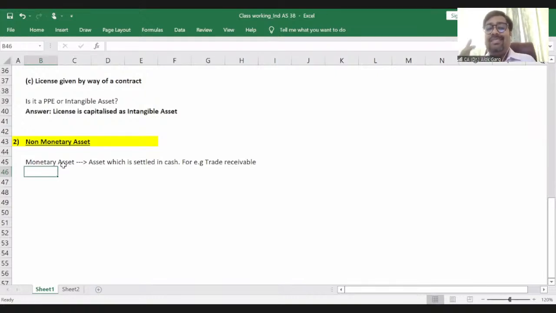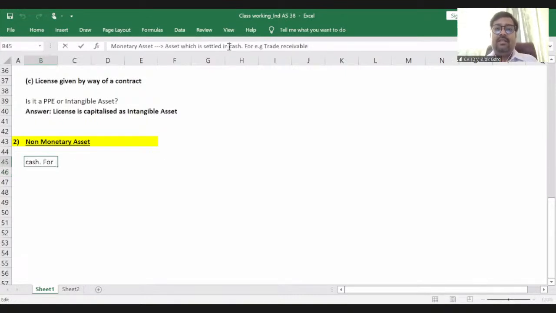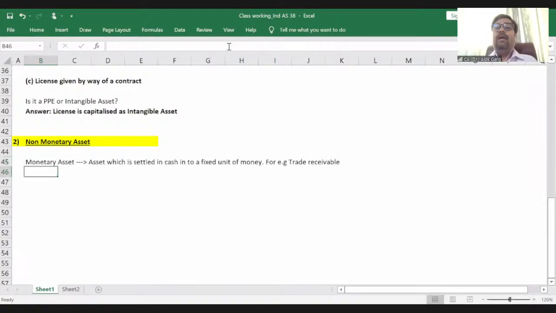So a monetary asset means an asset which is settled in cash, in a fixed unit of money. We are aware what amount we are going to receive from the customer. It doesn't matter if the customer becomes bankrupt or does not pay, that is upon his intention. But when I sold the inventory, I know what amount I need to receive from the customer. So trade receivable is a monetary asset. What is a non-monetary asset?